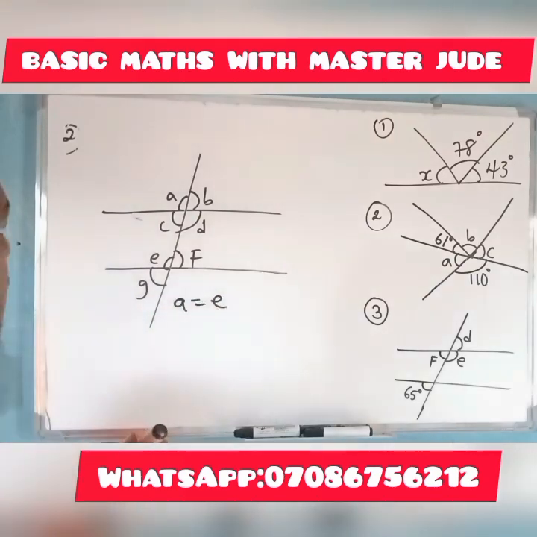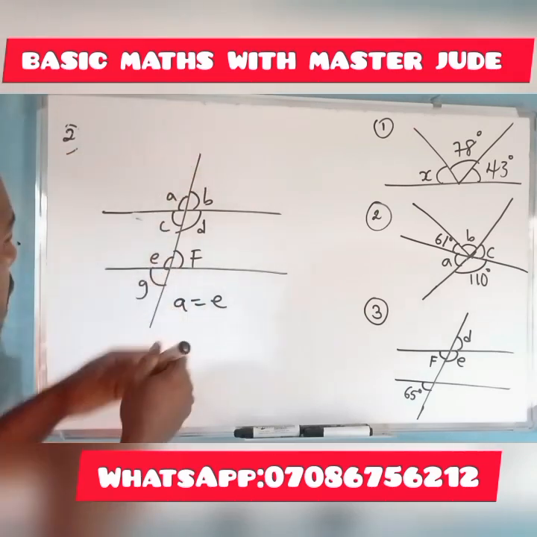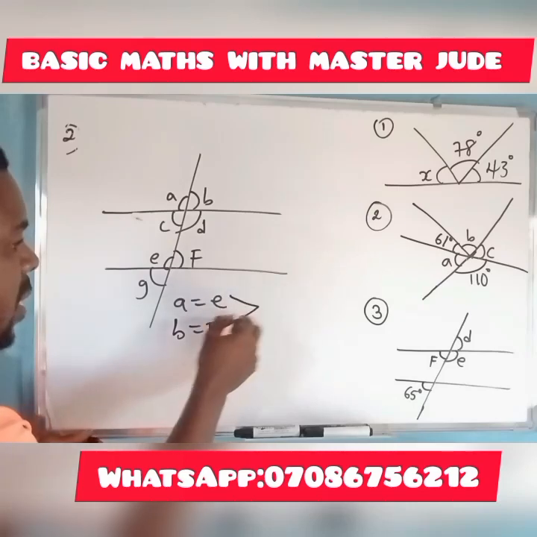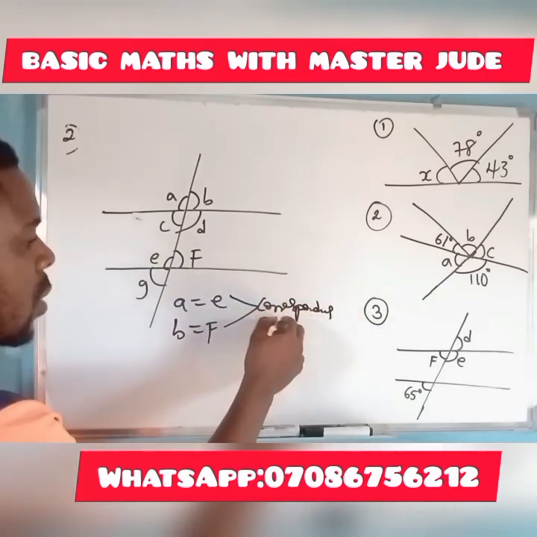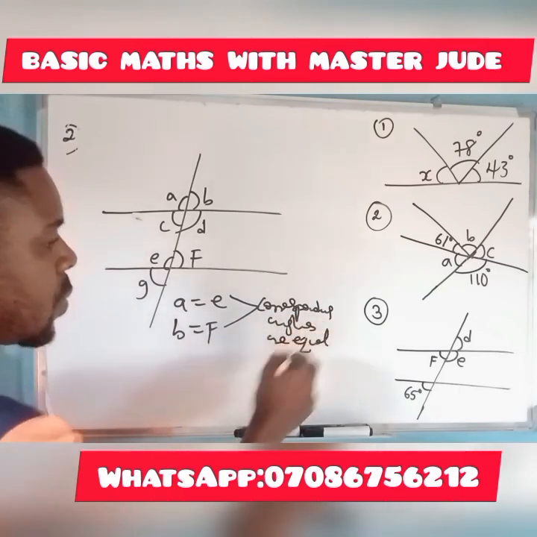Which other corresponding angle do we have? B is equal to F. Reason is that corresponding angles are equal.